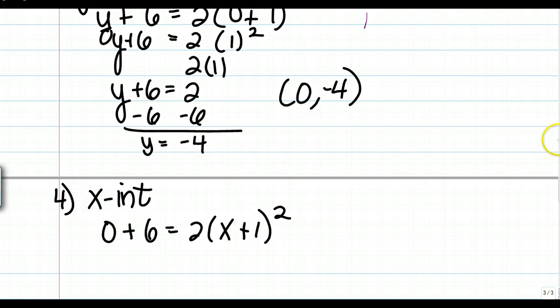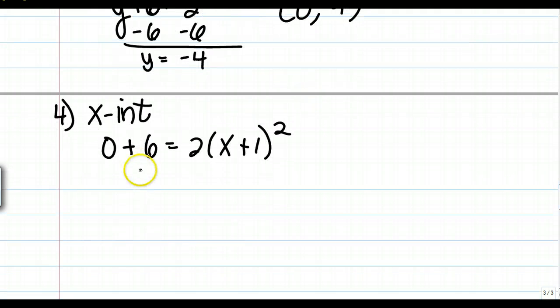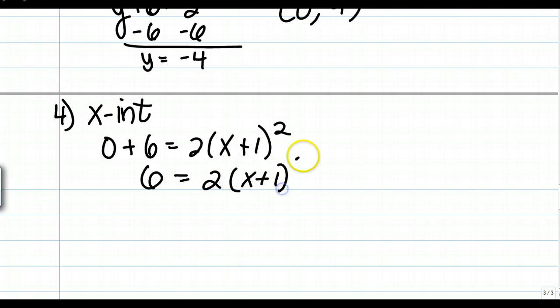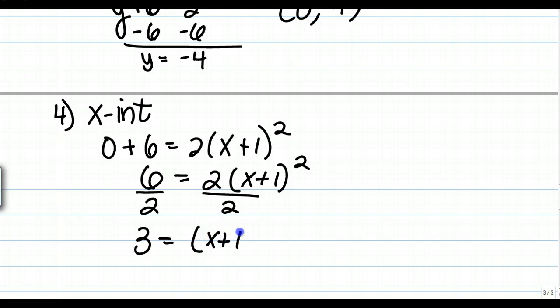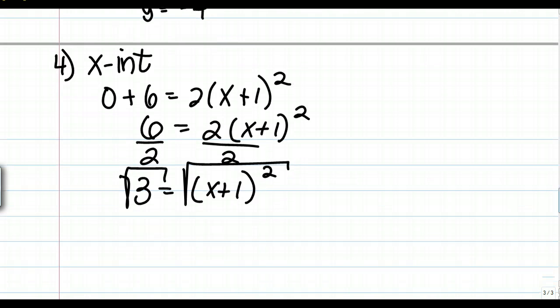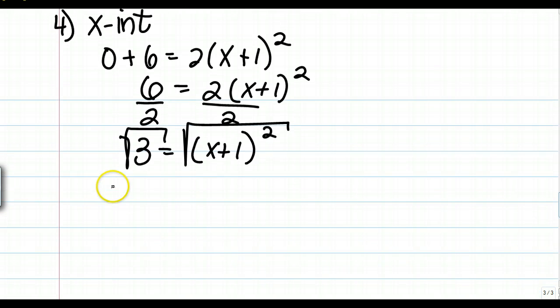And I'm going to solve this equation. Well, this would be 6 equals 2 times x plus 1 squared. Got to get rid of the 2, so I'm going to divide both sides by 2. I would get 3. When you have something that's squared and you want to get rid of it, you square root both sides. Whenever you square root both sides, you have to write plus or minus radical 3 in this case.